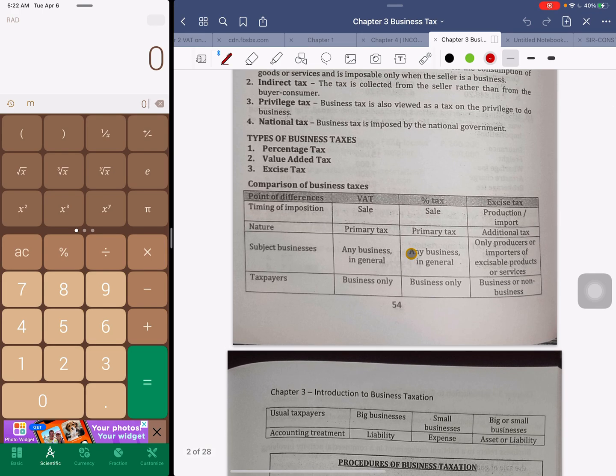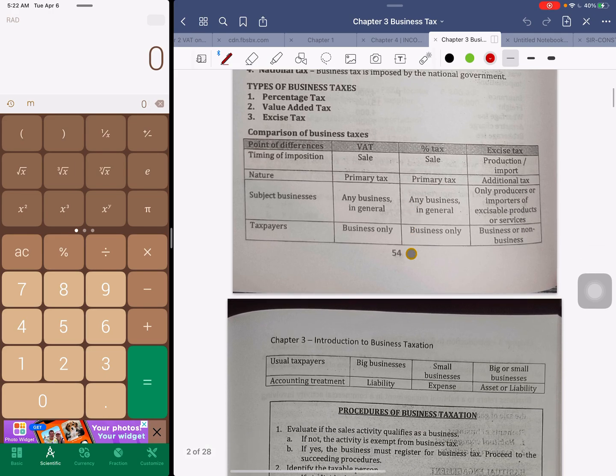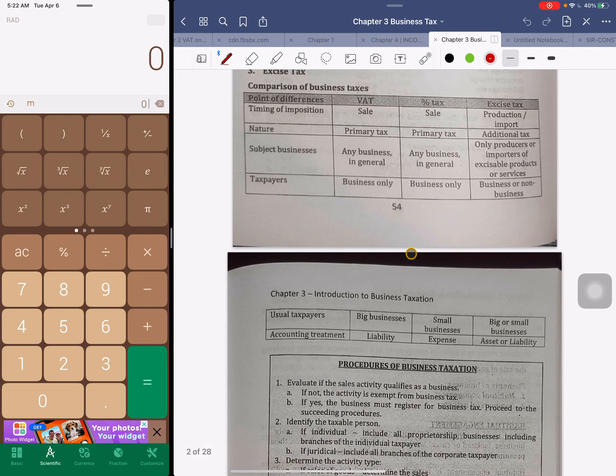So, comparison of the business taxes. So, basic lang yan, no? VAT, percentage, and excise. Timing of imposition: if nagkaroon ng transaction related to sales, of course, lalabas yung VAT and percentage tax. Therefore, if walang buyer and seller, no, and walang transaction na nangyari, walang business tax for VAT and percentage tax.